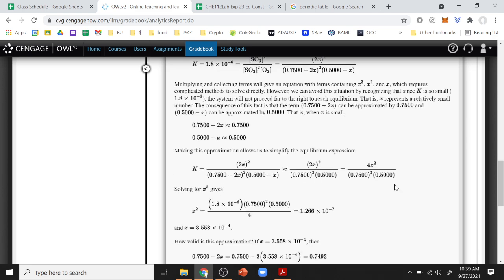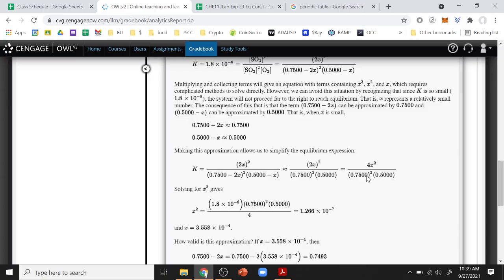Okay, and now I'm going to go ahead and solve for x. You could do the math in individual pieces, like you could do 0.75 squared times 0.5 down here and simplify this portion. But I'm just going to do it the variable way, okay?